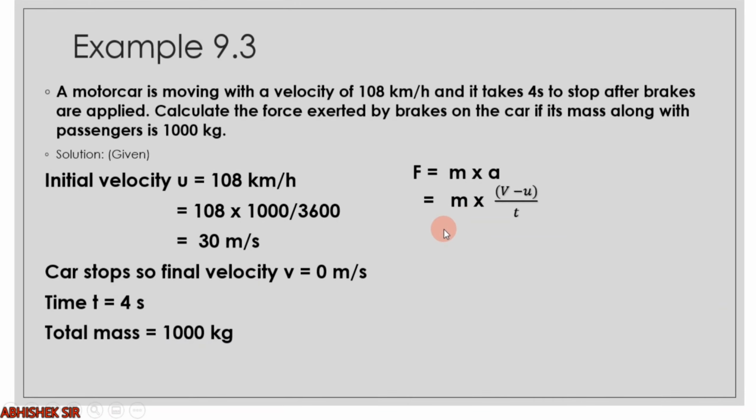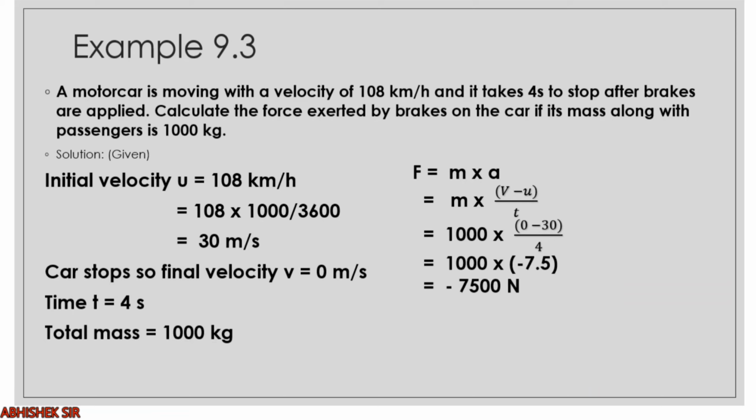So let us put the values now. 1000 into final velocity, which is 0. Take care in this one because the answer will be minus. You see 0 minus 30 is minus 30 by 4, and if you calculate, it will be minus 7.5. So 1000 into minus 7.5 is minus 7500. As we are calculating force, it will be in Newton.